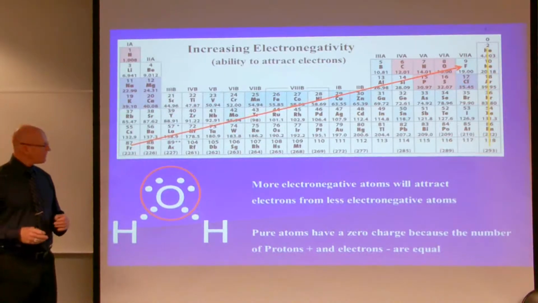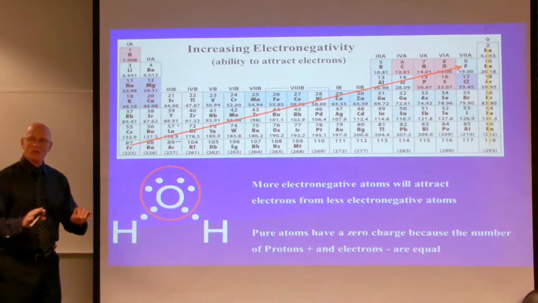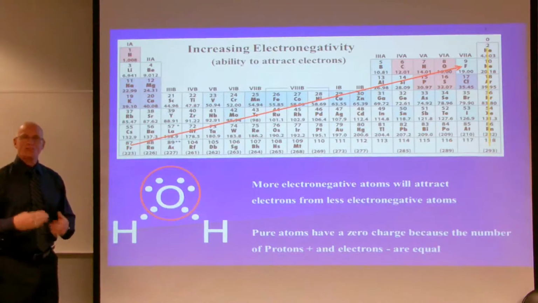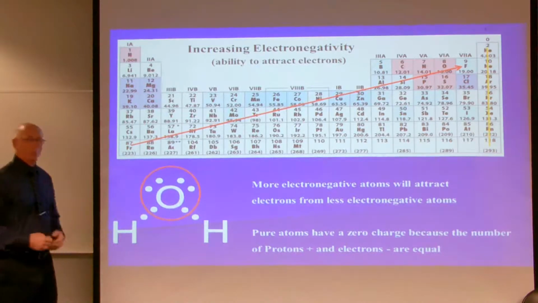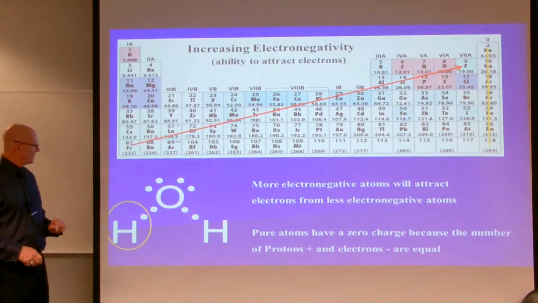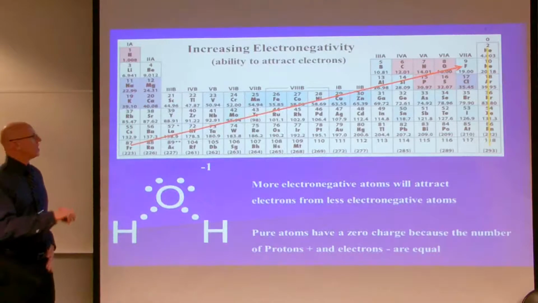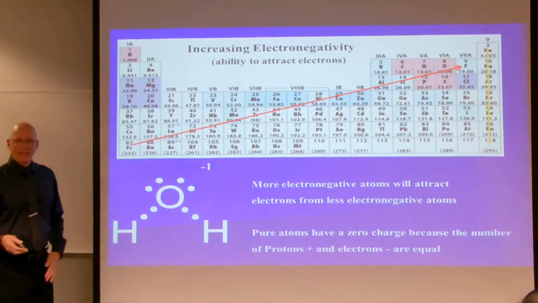So now the charge on oxygen is not equal anymore. It has added an electron, which is a negative charge. So oxygen with 1 hydrogen will become a -1. And this is the hydrogen, and this is the other hydrogen. So oxygen will become -1 charge when it dominates this 1 electron because of its electronegativity.